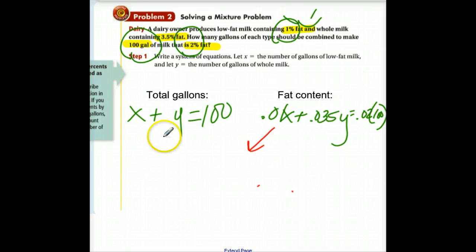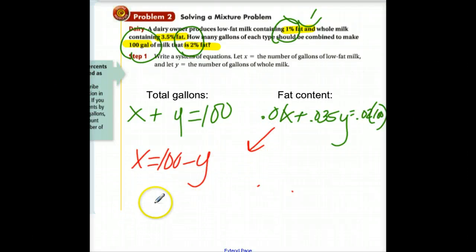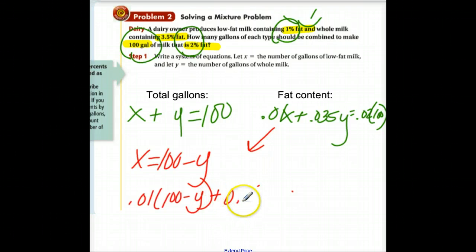So I can easily solve this equation for a variable. x, I can subtract the y over, so I have 100 minus y. All right, and now I'm going to substitute this equation into the second equation. So I'm going to have 0.01 times x, which we know is 100 minus y, plus 0.035y equals, and 0.02 times 100, I can do the math, is 2.